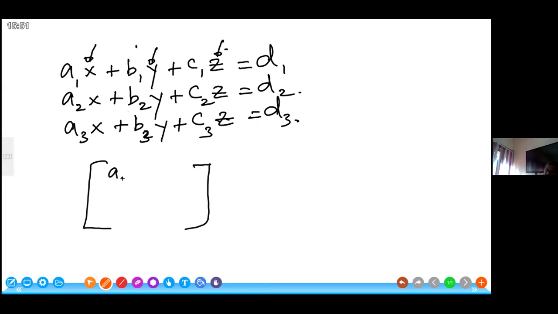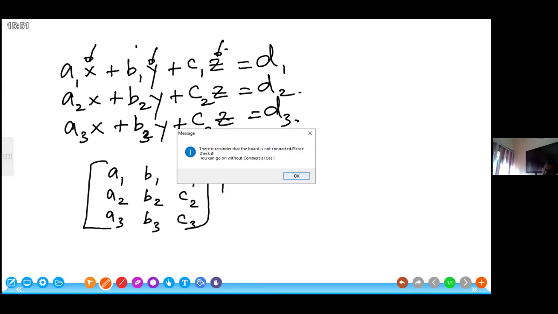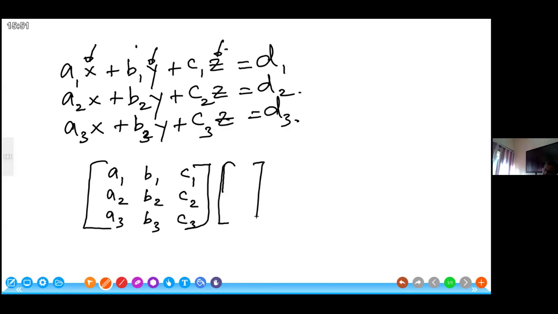Let's say A1, B1, C1, A2, B2, C2, A3, B3, C3 into a column vector x, y, z equal d1, d2, d3.